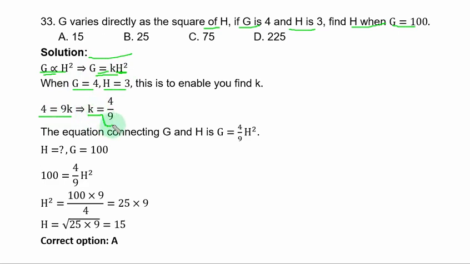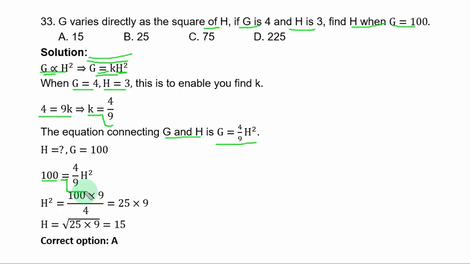In order to find h when G is 100, you need to establish the formula connecting G and h, and that formula is simply replacing k by 4/9 in this form. So G is equal to 100, and that is equal to 4/9 h squared.